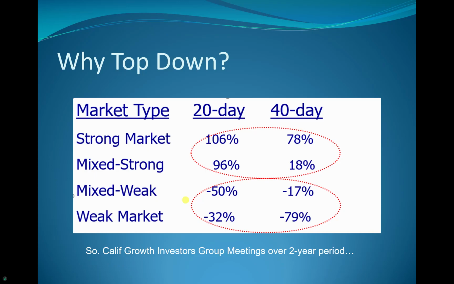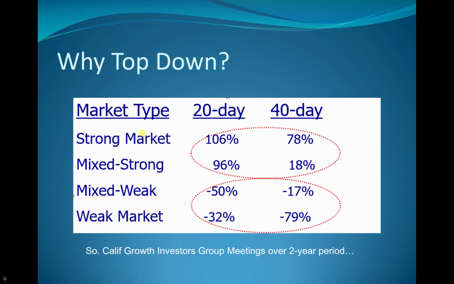Now, what's the data to support top-down? This is old data, but I don't think anything's different. If you take smart people who are good stock pickers, and every month they pick stocks, and you look at what happens over the next month, the secretary of the group, and I participated intermittently, would take down the stocks that they bought, what the price was, and then they would look.